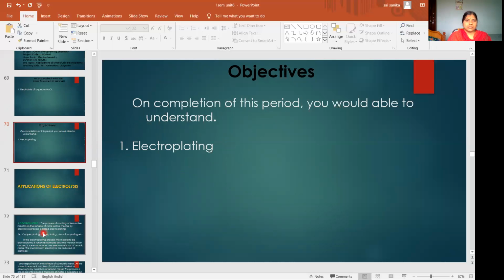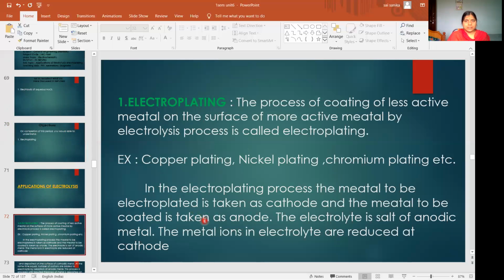What is electroplating? The process of coating a less active metal on the surface of a more active metal by the electrolysis process is called electroplating. What is meant by electroplating?